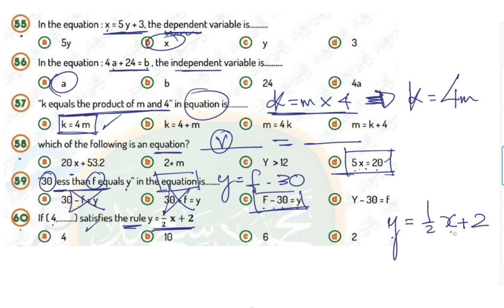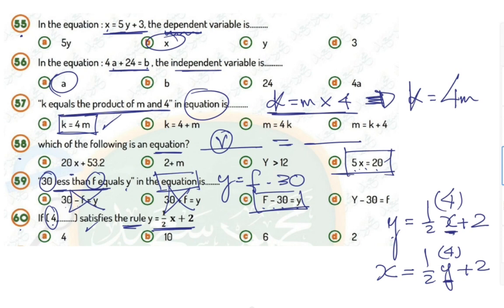Of course, here x is the independent. So the x value is 4. You have to be aware of this. If he wrote it as x equals half y plus 2, that means 4 is x or y? No, 4 is y, because y here is the independent.